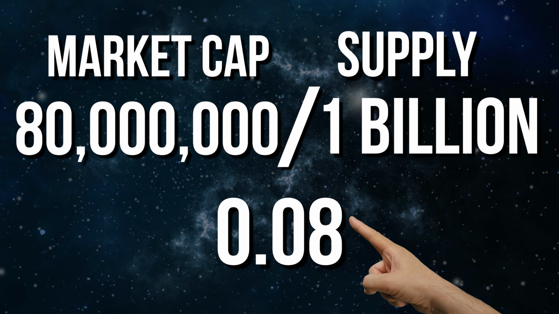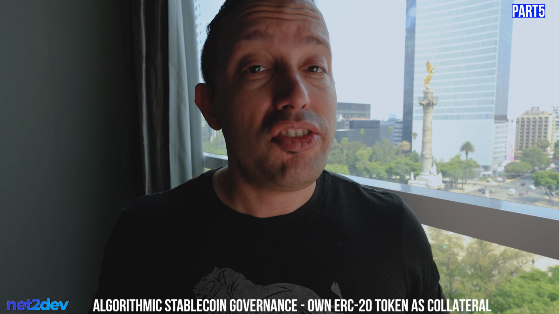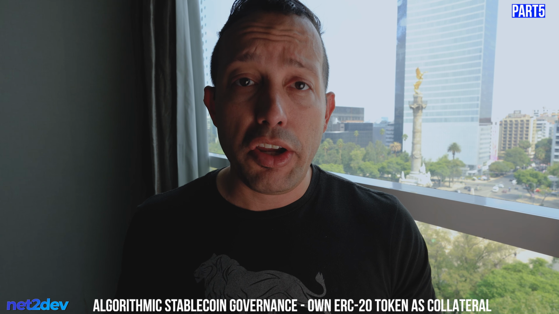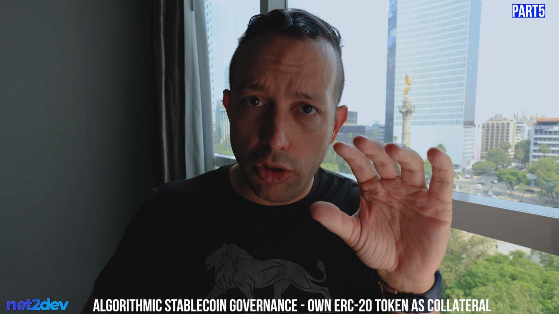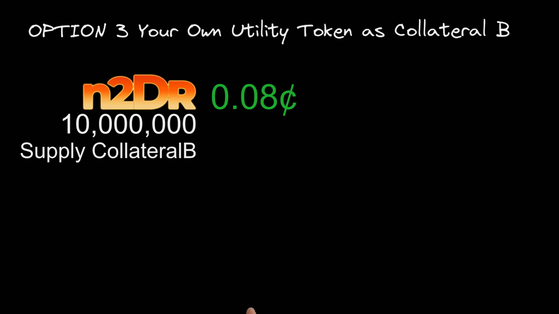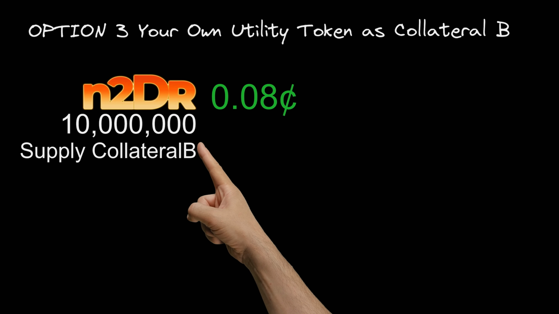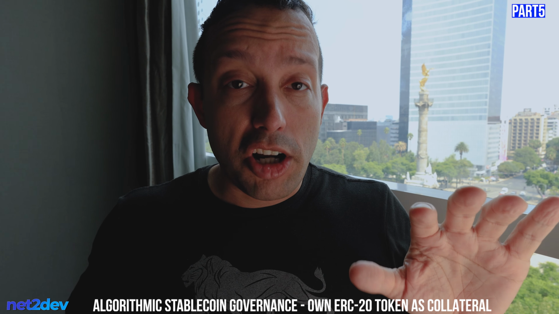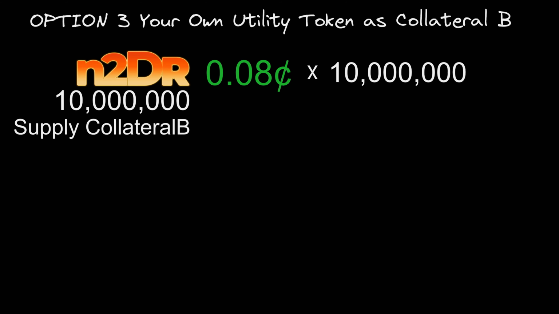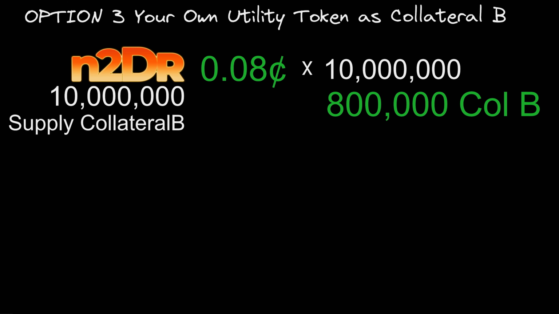Okay, so we will be using our own custom ERC-20 token to back the value of the stablecoin as one of our collateral. If, for example, we do this scenario, 10 million of our own tokens, this is our own utility token, on the reserve smart contract as the unstable collateral. And we're going to be dropping 10 million of those tokens priced at 8 cents per token.